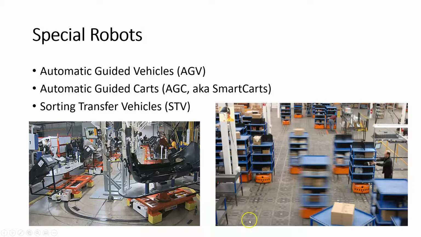So you can see the grid. These move on a grid system, kind of embedded in the ground. Here's another. These are carts that move along this track, carrying different auto parts from one area to the next.